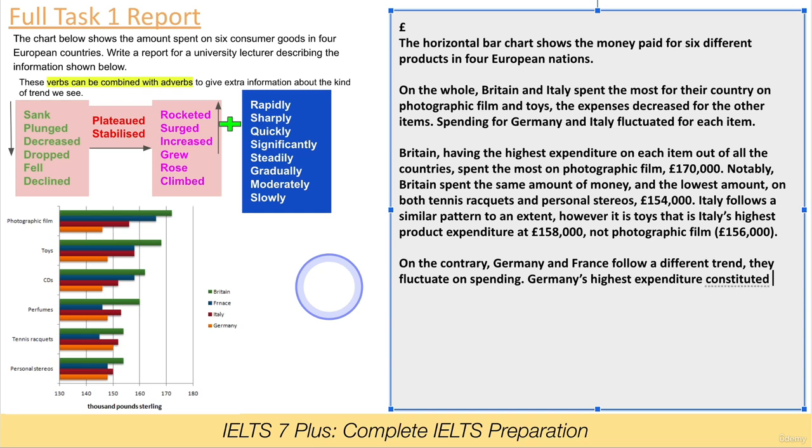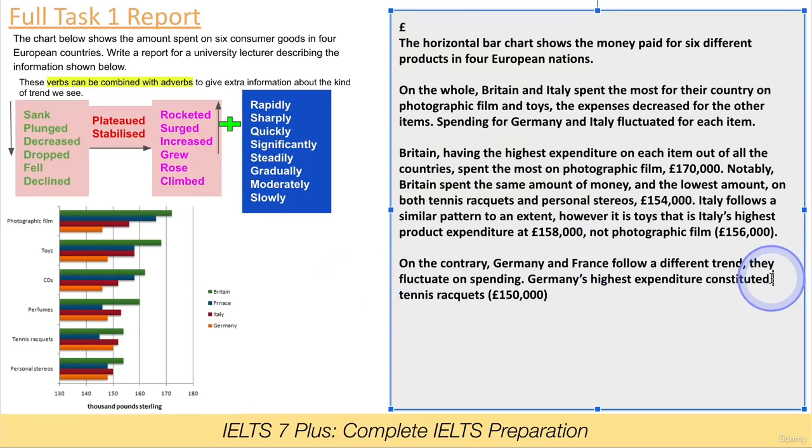Constituted tennis rackets. Let's have a look. Germany, it's quite close, but yep, tennis rackets took the most there. Tennis rackets, and then I like a bracket. We can say how much do they spend? Oh, nice, 150,000 right on the line there. We don't have to think too much about that one.